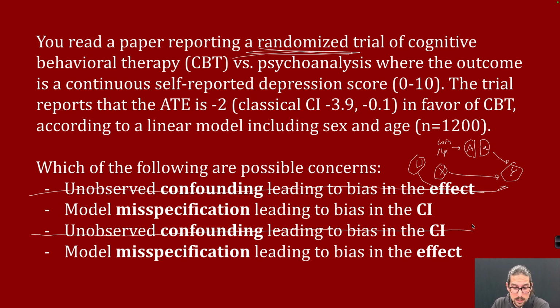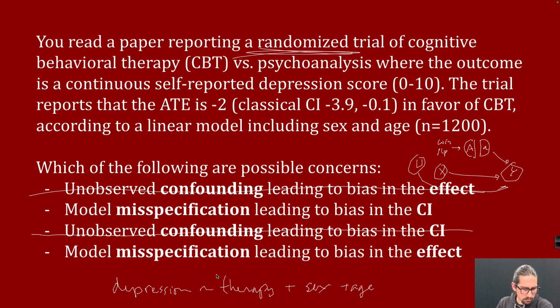Okay, so next one is, let's say, model misspecification leading to bias in the effect. So the fact is, okay, we are pretending that we have, let's call this therapy, right? The therapy kind, right, plus sex and age. We have run some linear model like this, and we're regressing depression onto those things. We know the actual relationship between depression and therapy, sex, and age is not linear, right?